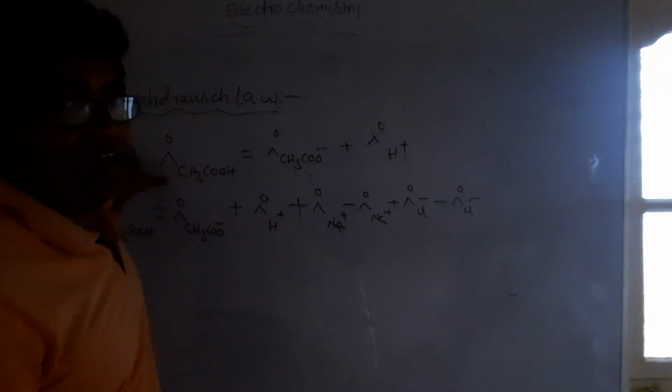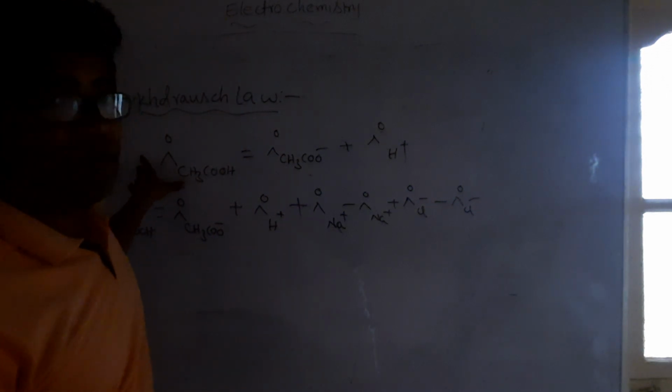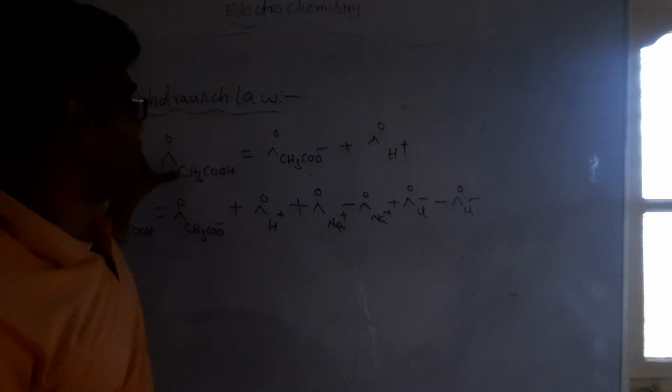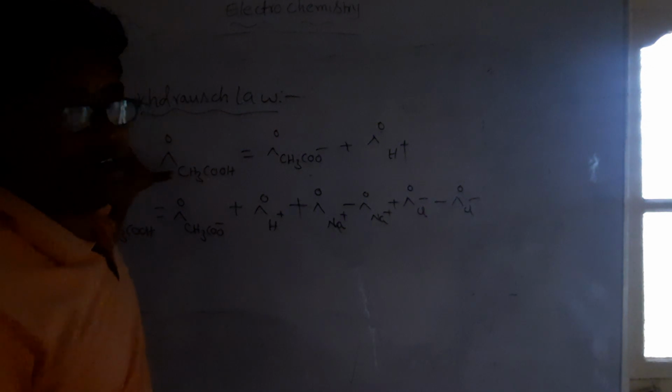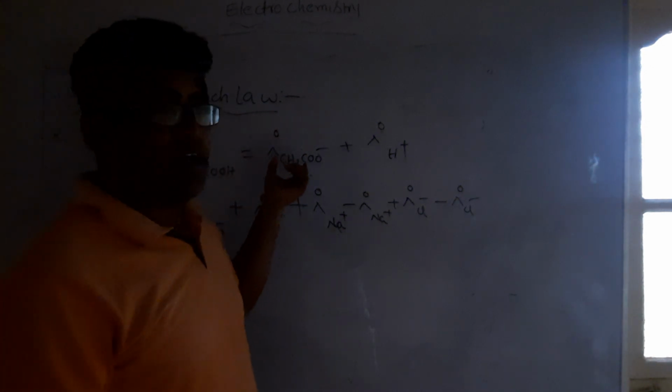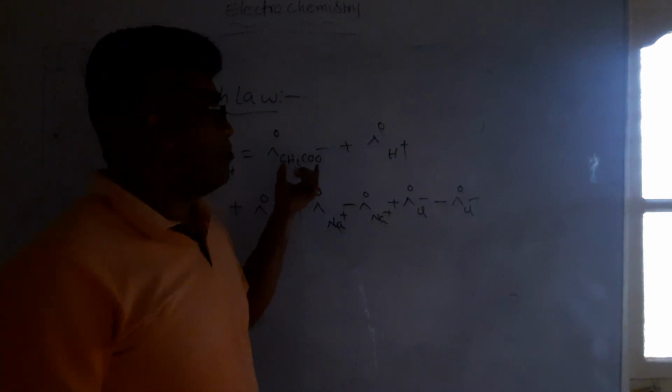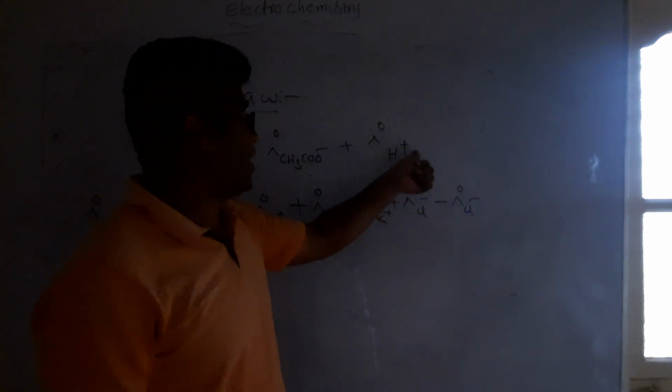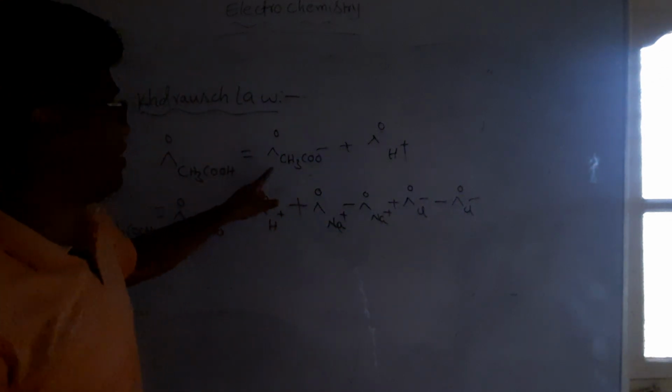What he said is that the molar conductivity of a weak electrolyte at infinite dilution, or otherwise the limiting molar conductivity of a weak electrolyte or any electrolyte, is equal to the sum of the limiting molar conductivities of the cation, positive ion, and anion.